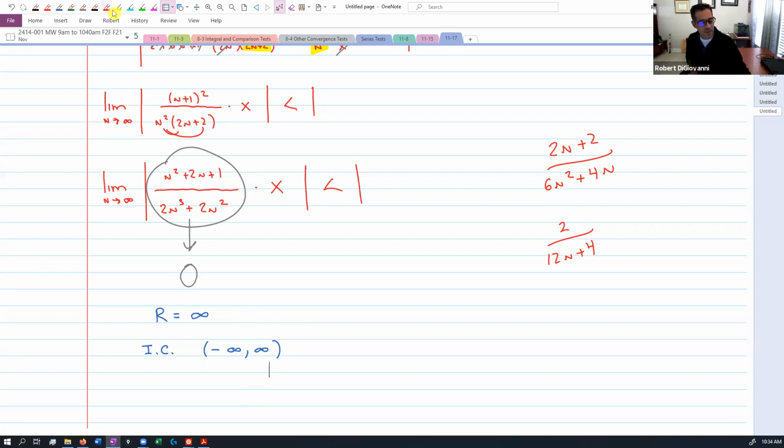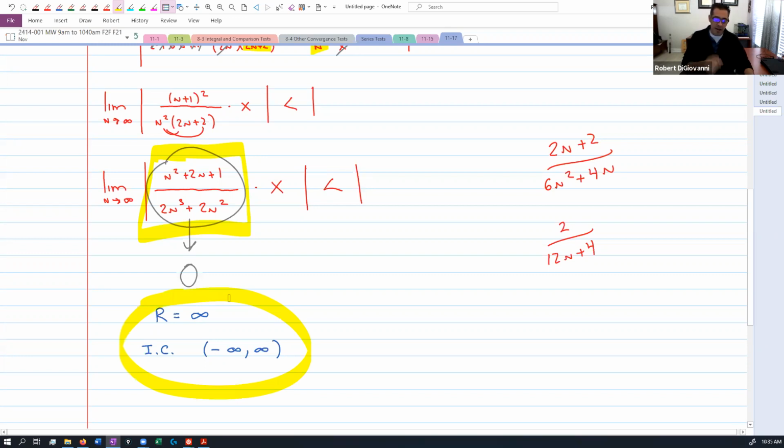So that's probably the most important part of all of these problems when you're running ratio tests: what happens to the n stuff. If the n stuff goes to 0, easy answer. If it goes to infinity, easy answer, just set that equal to 0. If it goes to some other number, then you have intervals, and then you have to check endpoints, and those are the more tedious problems.